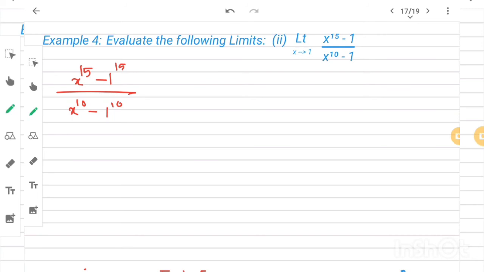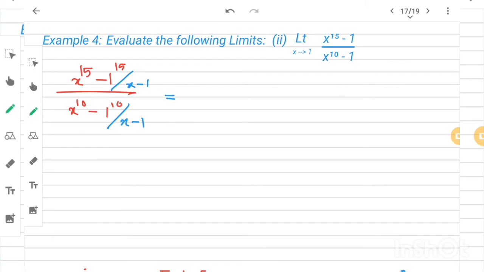So I am having x^n minus a^n, but I am not having x minus a, right? The same thing I can multiply and divide over here. That means I am going to divide the numerator as well as the denominator by x minus 1. Now it is in the form of (x^n − a^n) whole divided by (x − a).